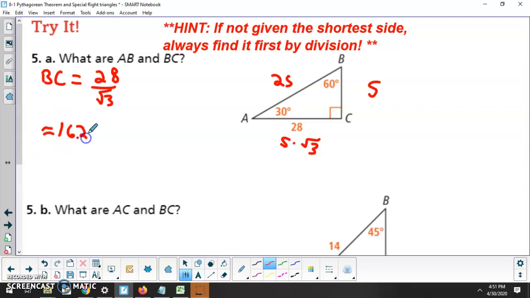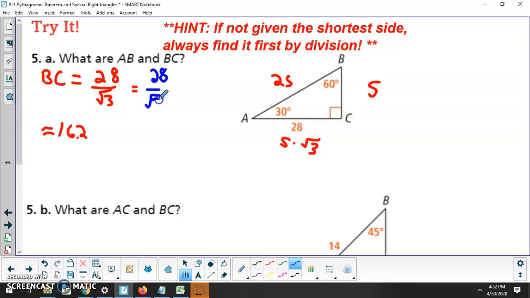Now, the book, unless it's a word problem dealing with a real life situation, prefers that you come up with exact answers. You might think that this is as far as you go, but there is a kind of antiquated thing that a lot of math books do, and that is you're not allowed to have a square root in the denominator.